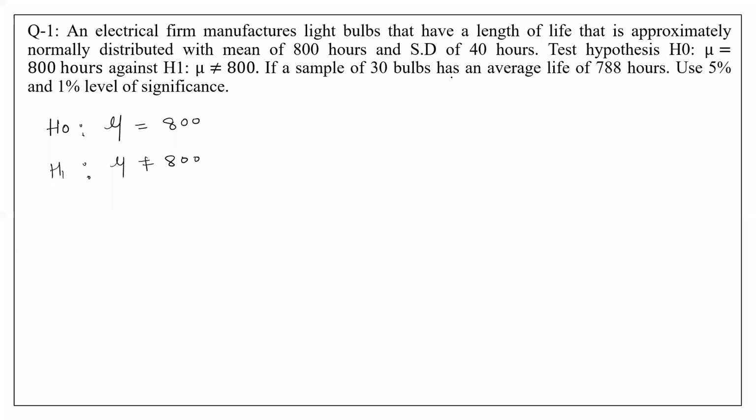If a sample of 30 bulbs has an average life of 788, so the sample size is 30 and the mean of the sample is 788, use 5% and 1% level of significance to test which of the hypotheses holds true.